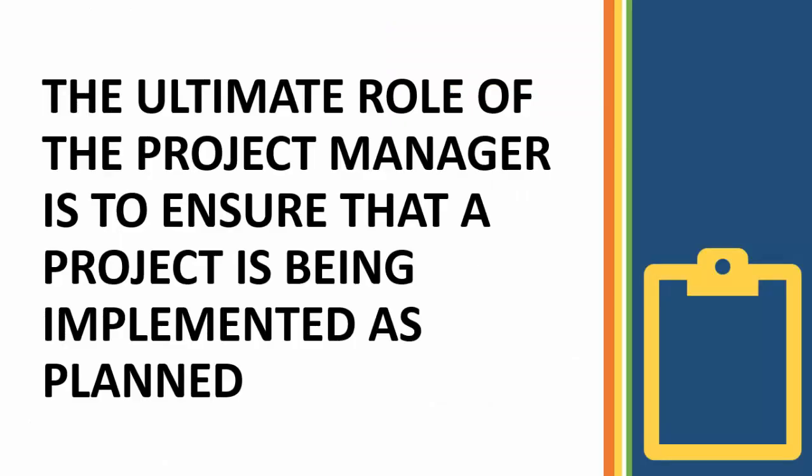So the ultimate role, guys, lumping all those things together, I was giving you the nitty-gritty, but when you lump everything together, you discover that the project manager is there to ensure that the project is being implemented as planned. That's ultimately the role.